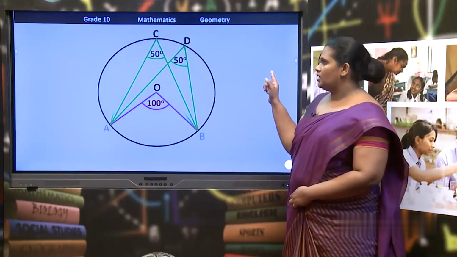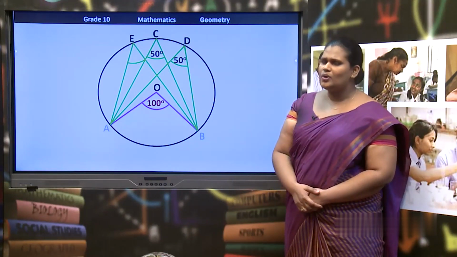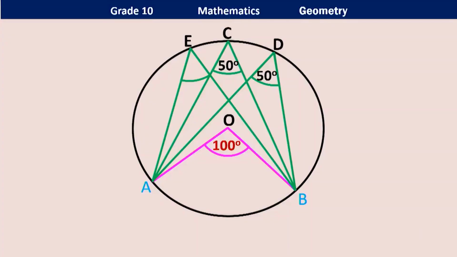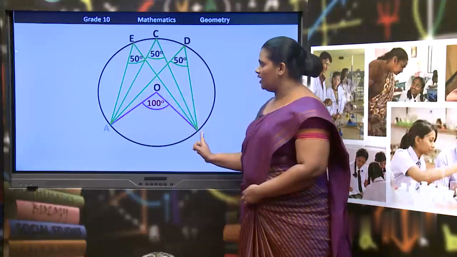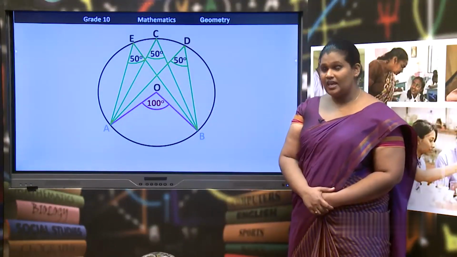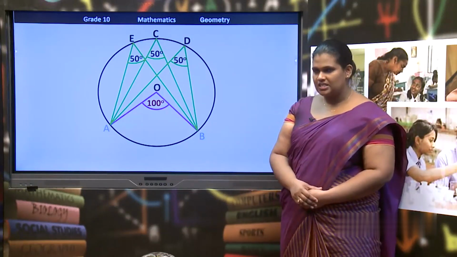Right. Now, I have got another point. This is E. Now, what can you say about the magnitude of this? Yes, that is also equals to 50 degrees. Why? When we consider these two angles AOB and AEB, once again we can relate it to the theorem we have learnt.